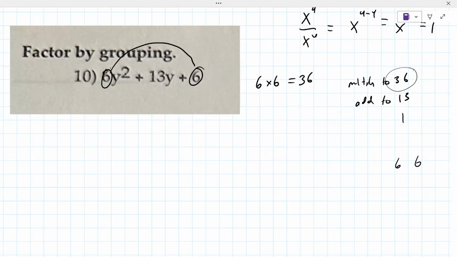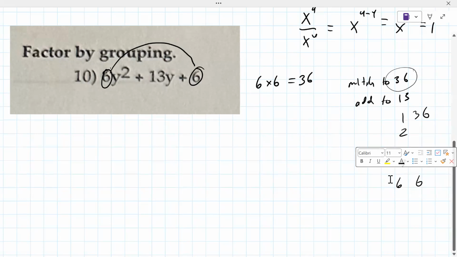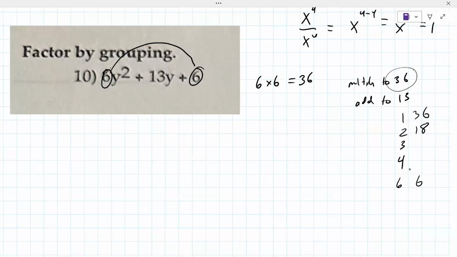It's better if you do it in order, like 1 and 36, 2 and some number, 3 and some number, 4 and some number, and so on. You're doing it sort of sequentially. 2 and 18, right?